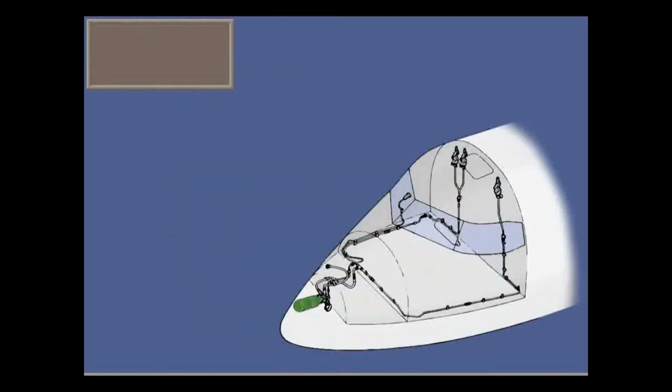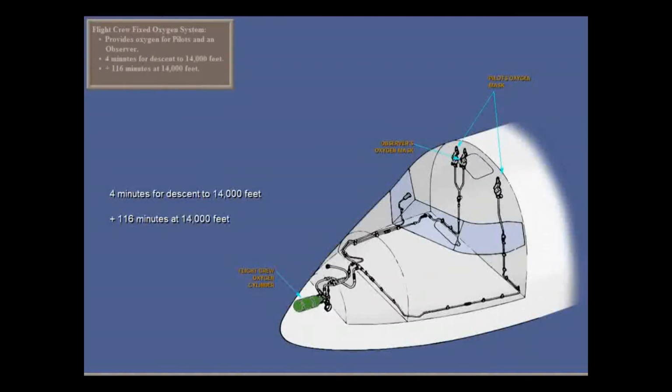The flight crew fixed oxygen system provides supplemental oxygen for the pilots and an observer for a descent to 14,000 feet in 4 minutes, and flight at 14,000 feet for 116 minutes. It supplies oxygen to masks behind the flight crew on the aft bulkhead from a fixed oxygen cylinder located in the right nose compartment.